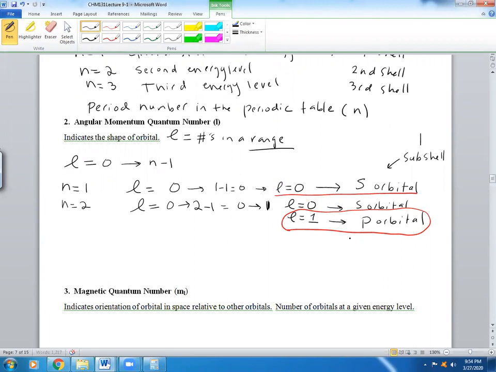If n is 2, it means you have 2 subshells. So you can actually derive that from that 2. 2 means 2 subshells. 1 means only 1 subshell. But be able to calculate L and the L values, again, from 0 to 1 less than n.